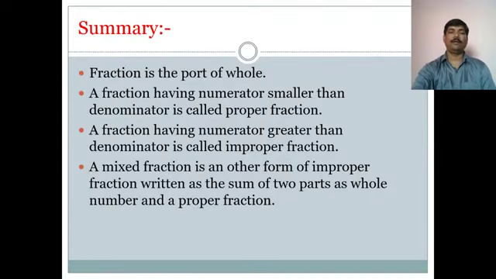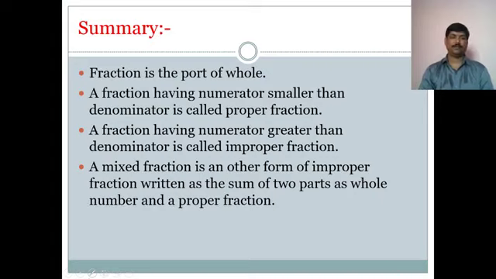In a nutshell, what have we learned? We have learned that a fraction is a part of a whole. Second, a fraction having the numerator smaller than the denominator is called a proper fraction.